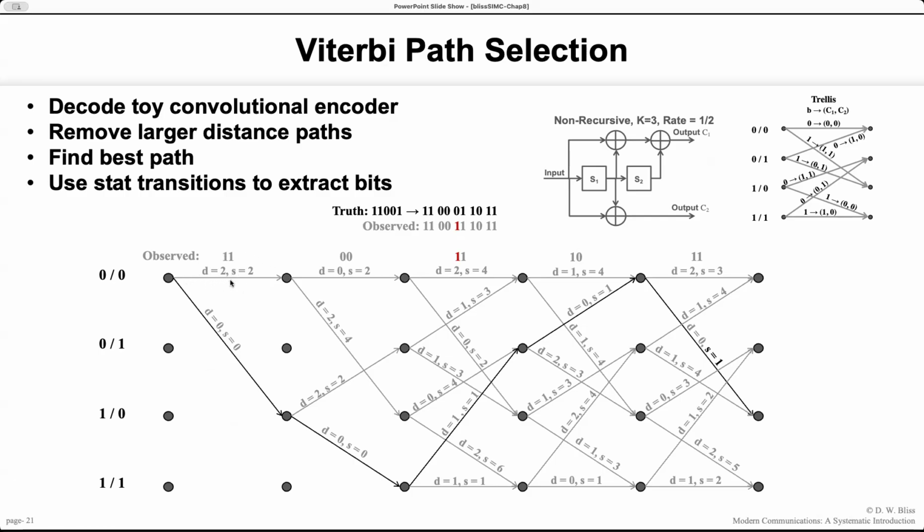Additionally, that S there is going to be the sum. We're going to follow that sum. So along the top path, we saw a Hamming distance of 2. So the sum Hamming distance is still, of course, 2 because there was no previous step. The Hamming distance along the transition from state 0, 0 to state 1, 0 is 0, so the sum is 0. All right, so we now are potentially in state 0, 0, or potentially state 1, 0.